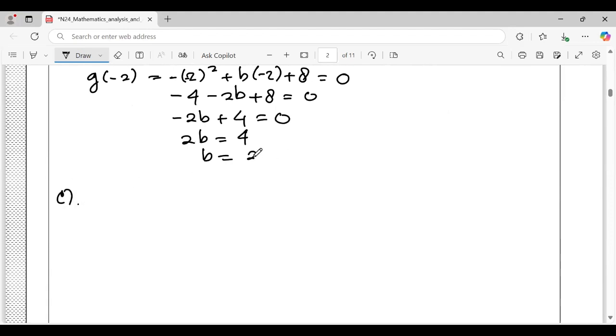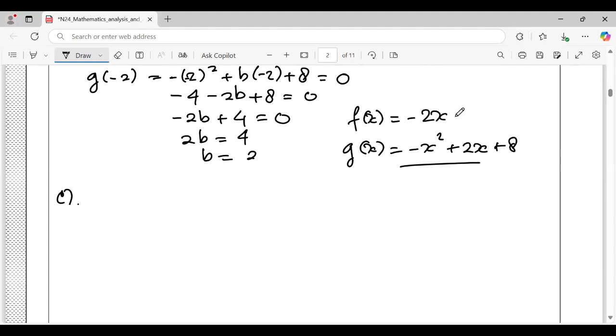If b equals 2, it means the function gx equals minus x squared plus 2x plus 8. Sorry, this is gx, not fx. Because it's gx, while fx is minus 2x plus 8.